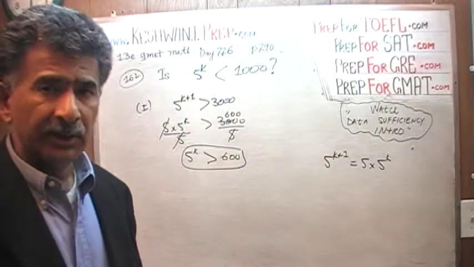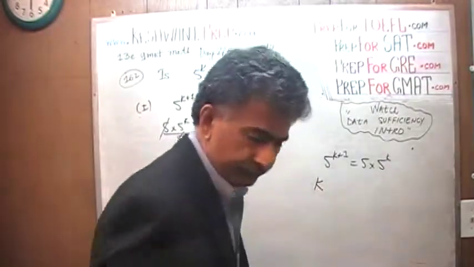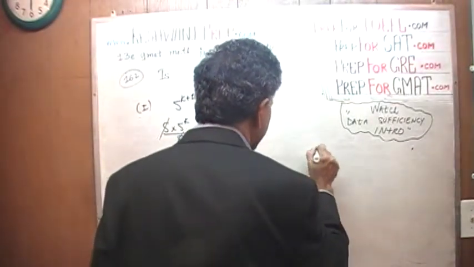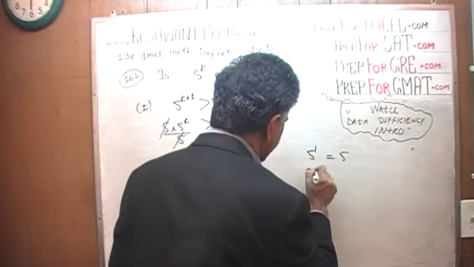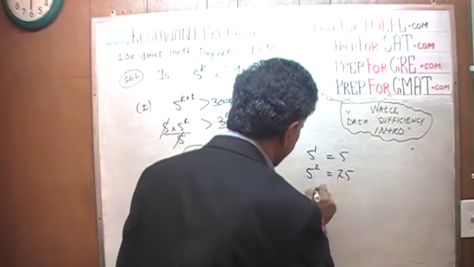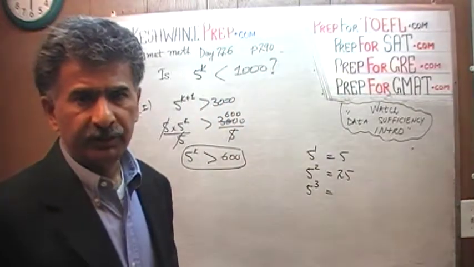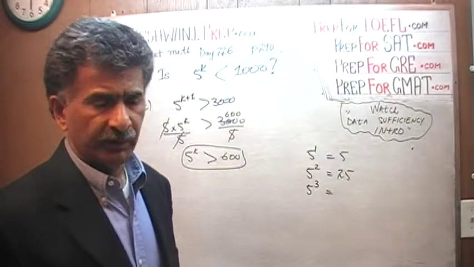What does it tell us about k? Well, we know that when k is equal to 1, it equals 5. When k is equal to 2, it will be 25. And when k is equal to 3, 25 times 5 is 125.